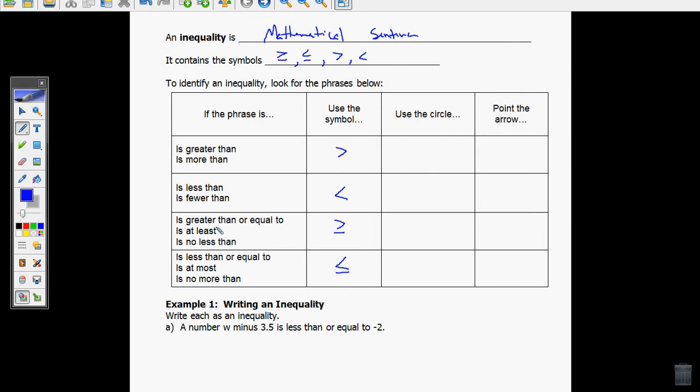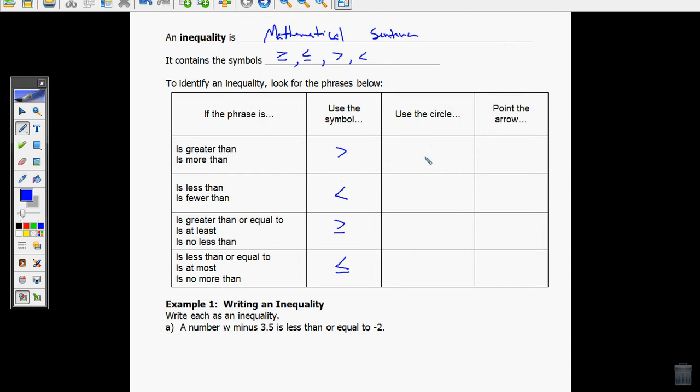Some other synonymous phrases for "is greater than or equal to": something like "is at least" or "is no less than", and some other phrases for "is less than or equal to" are phrases like "is at most" or "is no more than". Just other different ways to say the same thing, basically.